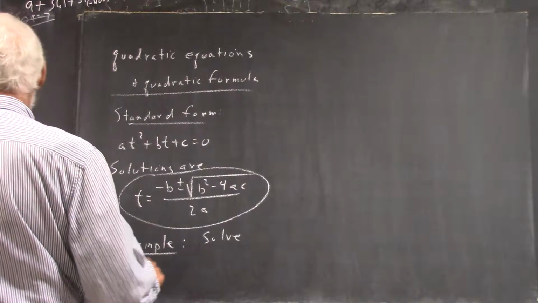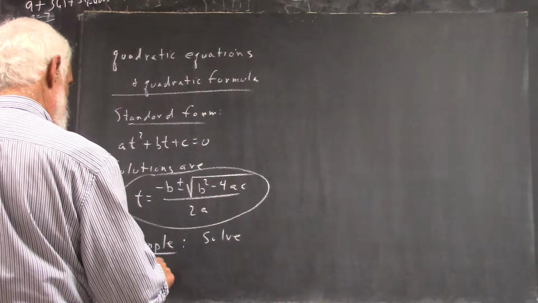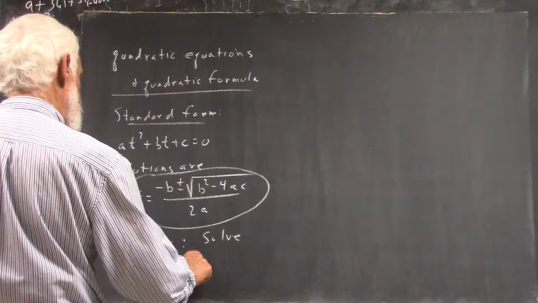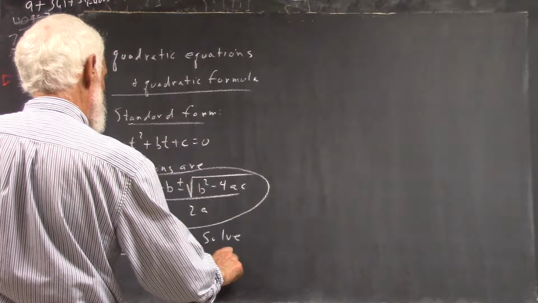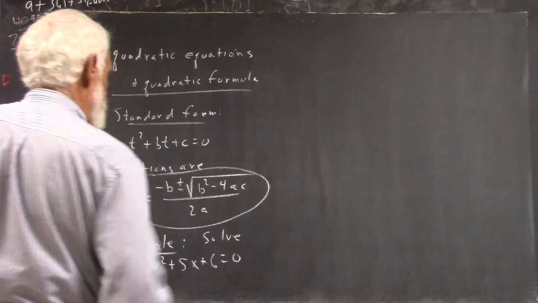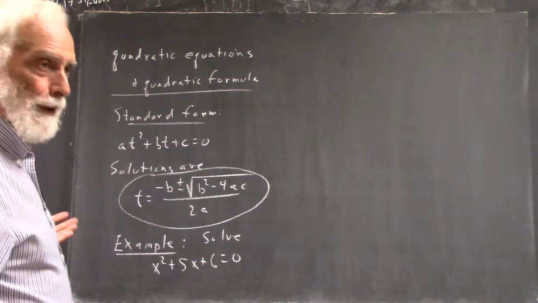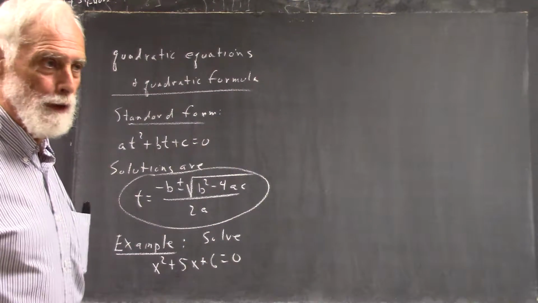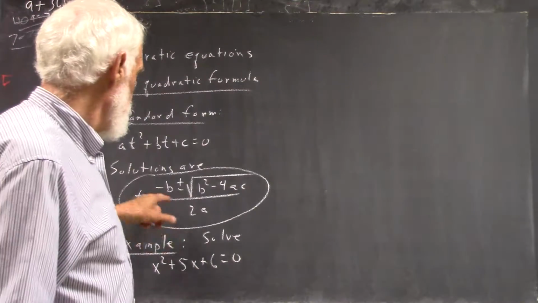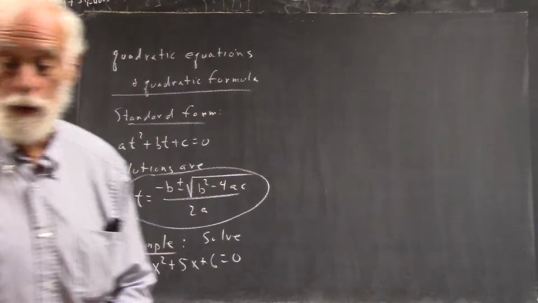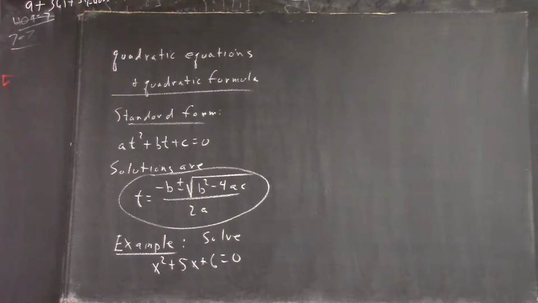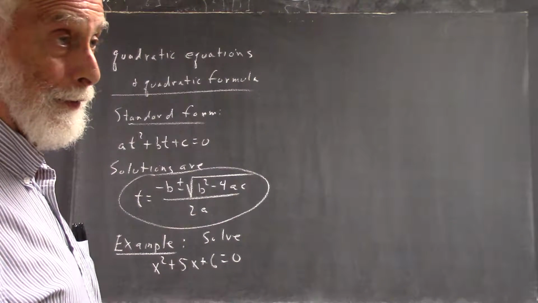Solve the equation. Now, of course, I've said that t and x and any other variable are interchangeable, so right away I'm going to use a different variable to emphasize that. Use the formula to solve this equation. Okay? Now, I'm going to ask you to do that, but I'm going to tell you a couple other things.